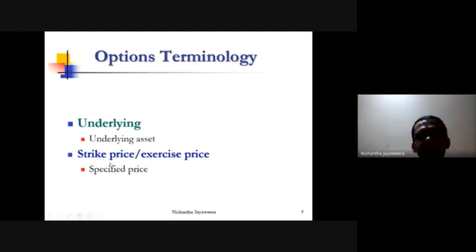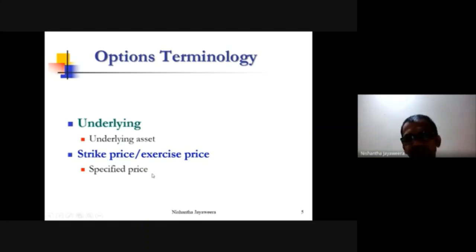And then the other word that we are going to use is strike price, or the exercise price. That refers to the price of the underlying asset that you agree on, at which the buyer is going to buy the asset or the seller is going to sell the asset. Which price you are going to trade the underlying asset at, that is the specified price.